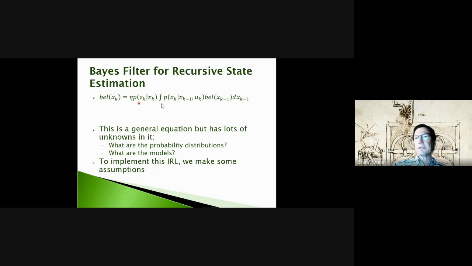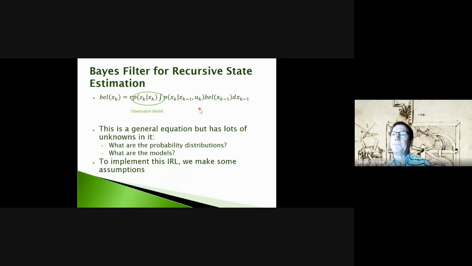So we've got this recursive relationship here, where our belief x of k, where we are at time step k, is a function of the steps before.